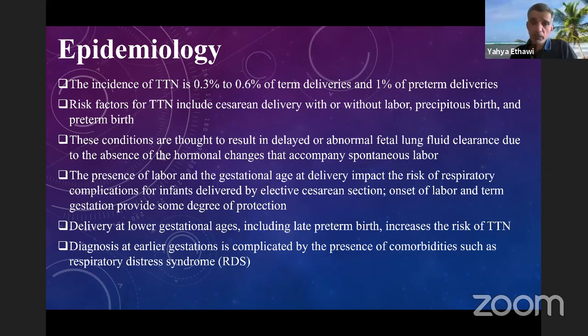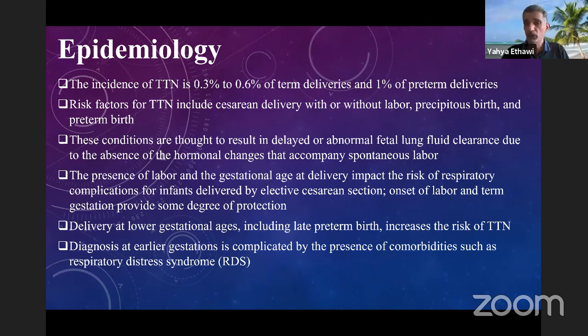Now, what is the epidemiology? It's not very common, but it is not very rare. The incidence is somewhere between 0.3 to 0.6% of term deliveries, and a little higher, 1%, in preterm labors. There are risk factors for TTN because they can interfere with or delay the clearance.